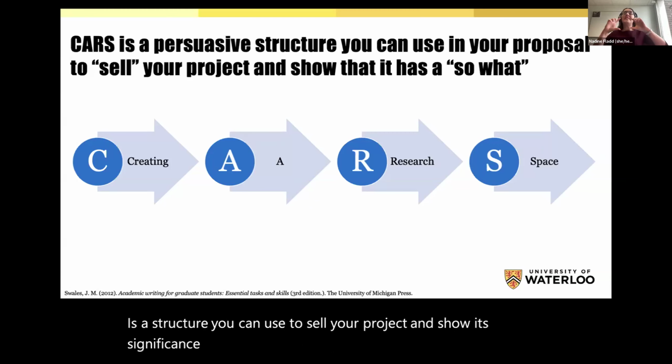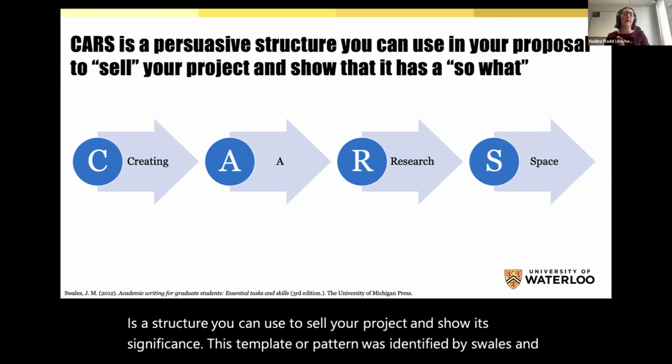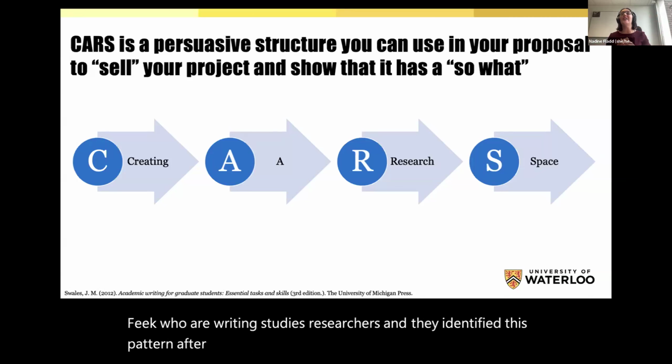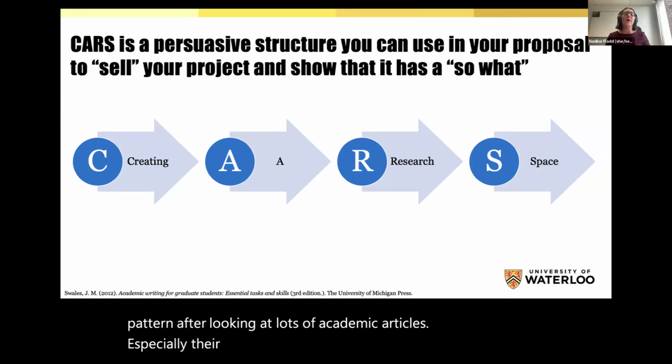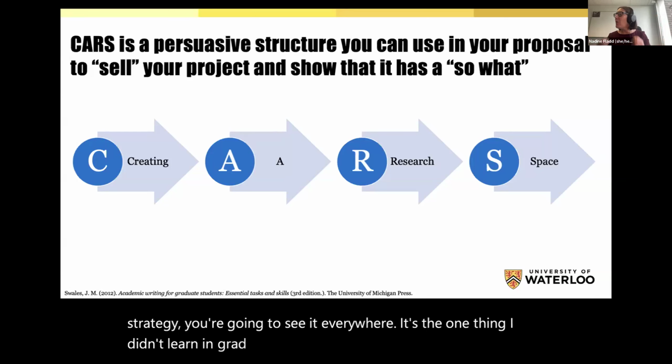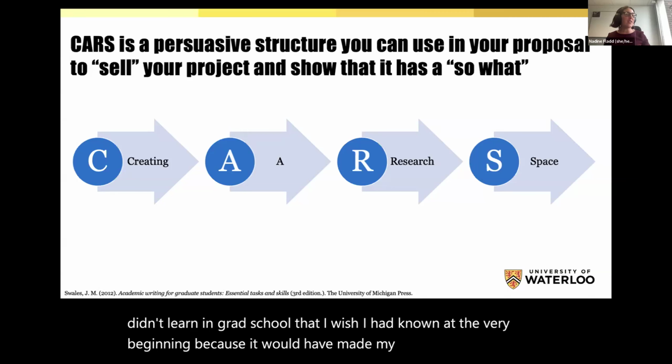This template or pattern was identified by Swales and Feak, who are writing studies researchers, and they identified this pattern after looking at lots of academic articles, especially their introductions. So once you are familiar with this strategy, you're going to see it everywhere. It's the one thing I didn't learn in grad school that I wish I had known at the very beginning, because it would have made my life so much easier.